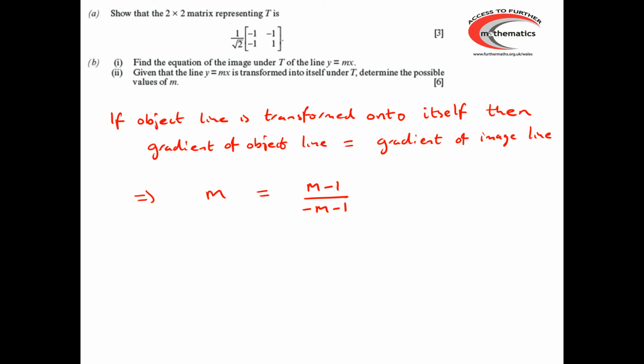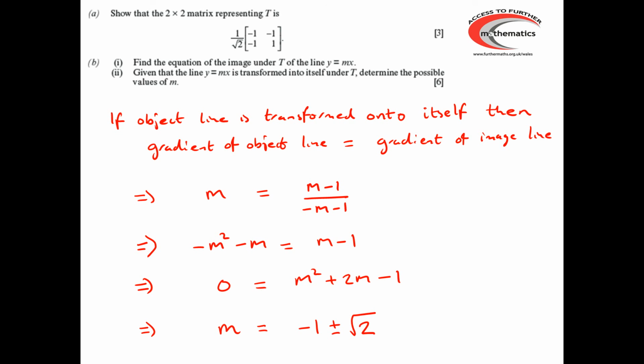Multiplying up to clear the fractions, we obtain minus m squared minus m equals m minus 1. Collecting all the terms on the right hand side, we've got 0 equals m squared plus 2m minus 1. So we've got a quadratic equation for m, and that quadratic equation can be solved by any of the standard methods, and we obtain m as being minus 1 plus or minus the square root of 2.